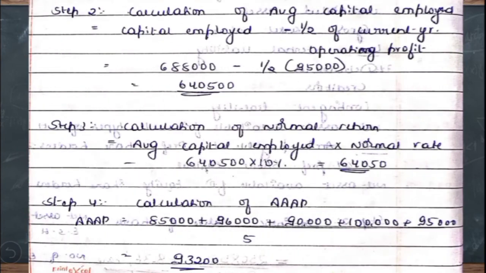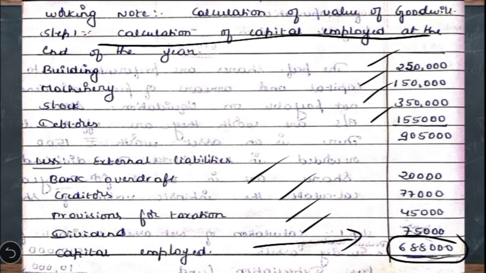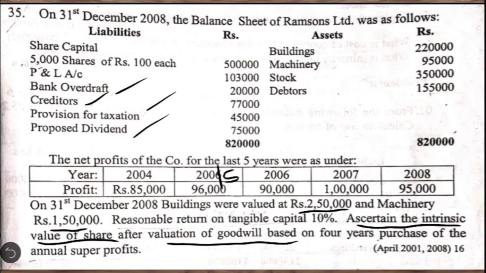Then in the second step, we are going to calculate the average capital employed. Average capital employed is equal to capital employed in the business at the end of the year minus half of the current year's operating profit, which is the current year given in the question here. Let's see, it is 31st December 2008, and what is the profit for 2008? 95,000.